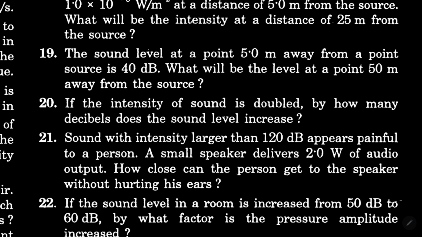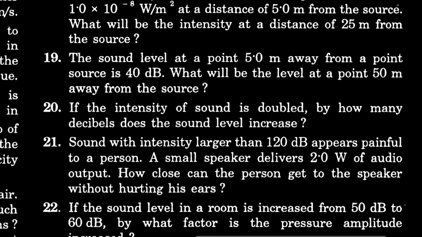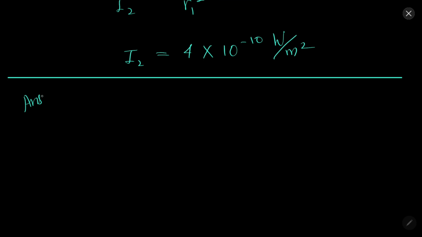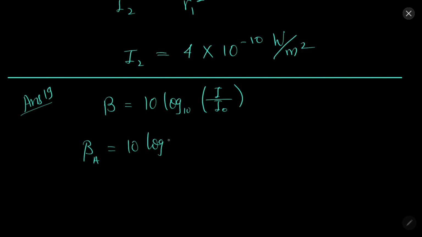In question 19, the sound level at 5 meter is given. What will be the level at a point 50 meter away? Solution 19. So we know that beta equals 10 log base 10 I over I naught. So in the first situation we have this scenario.